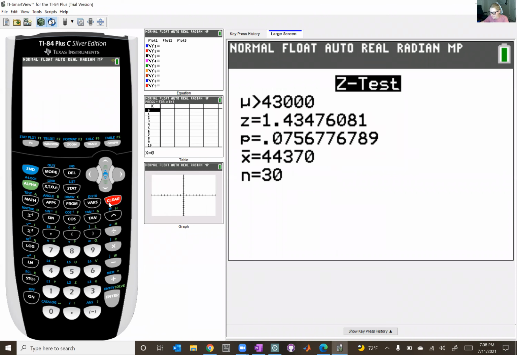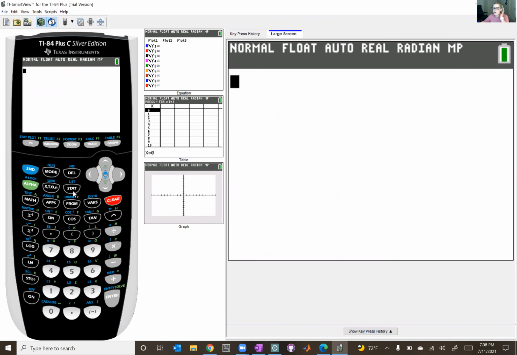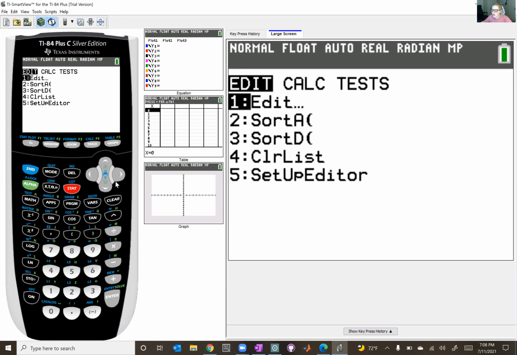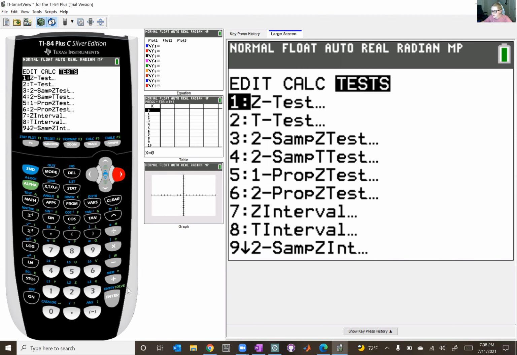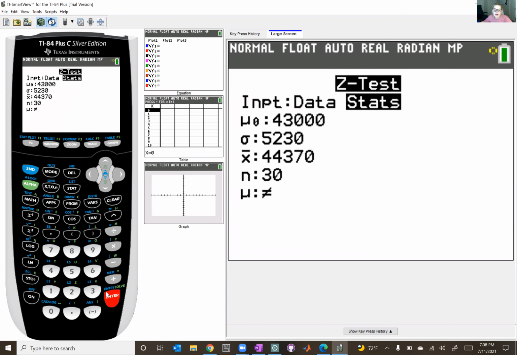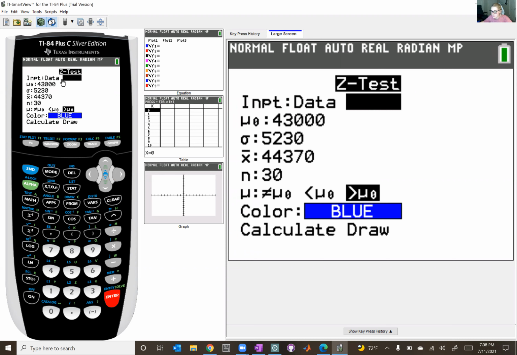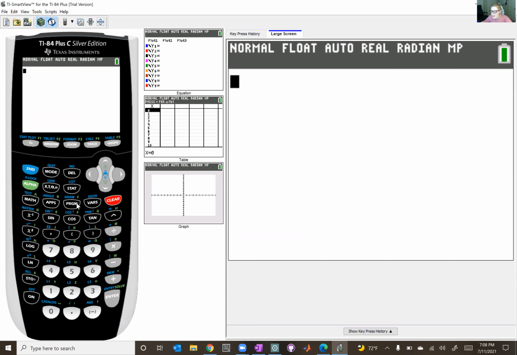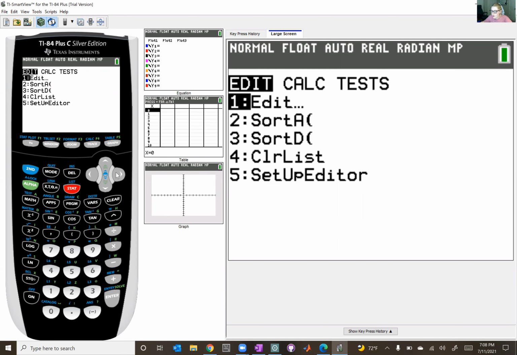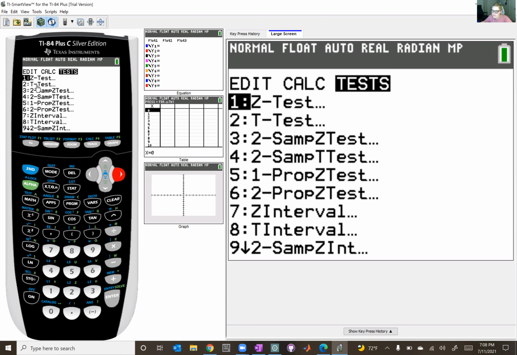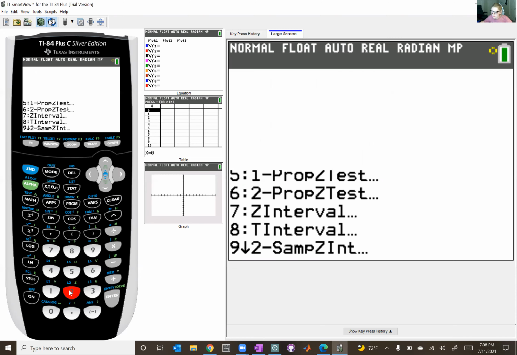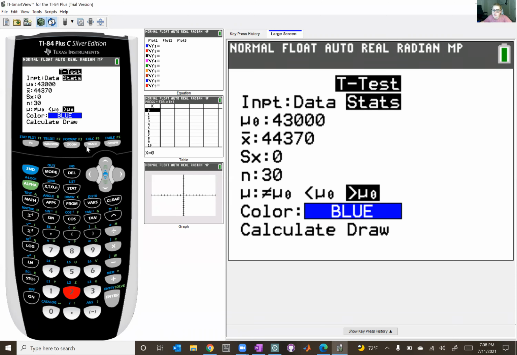So I was just going to show you how we do it with the calculator. I'm going to hit my stat button again and come over to tests. Oh, shoot, sorry, I made a mistake. Hit your stat button, come over to tests, and because we're doing a t-test, you're going to hit the 2. There we go. Then you can input your data.